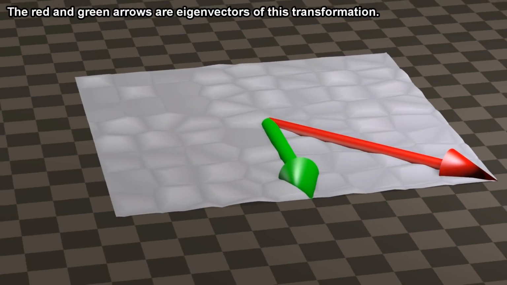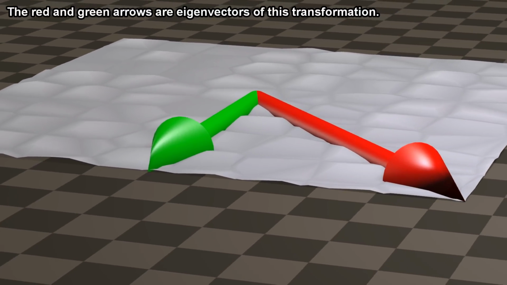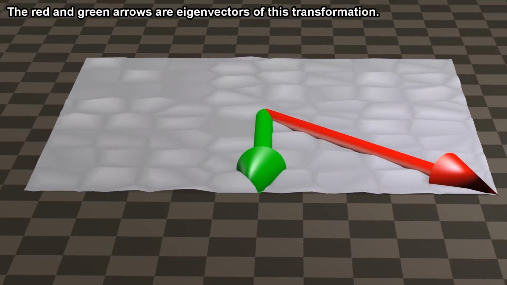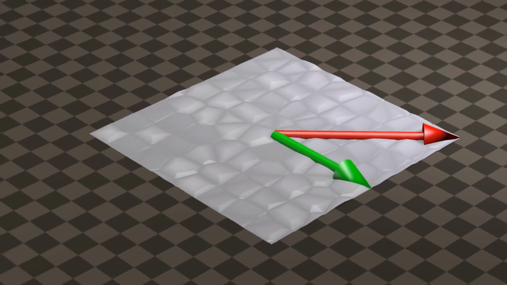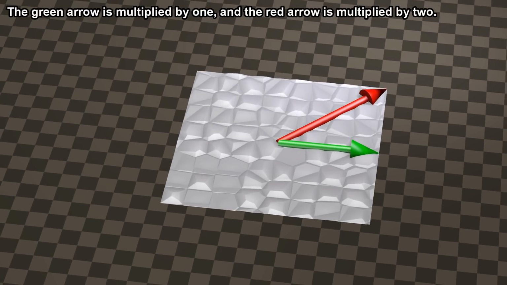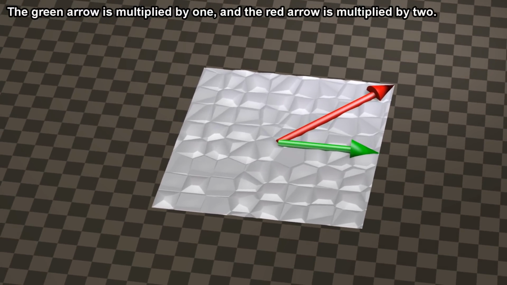The red and green arrows are eigenvectors of this transformation. The green arrow is multiplied by 1, and the red arrow is multiplied by 2.